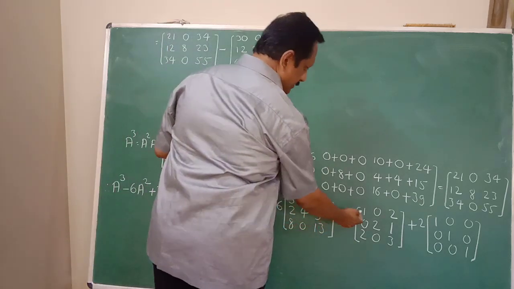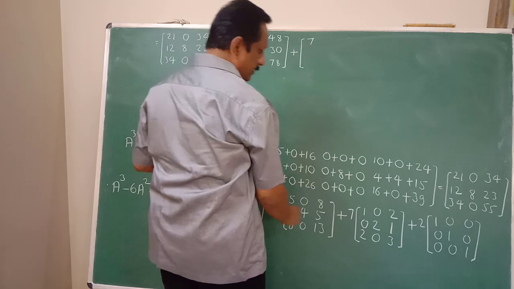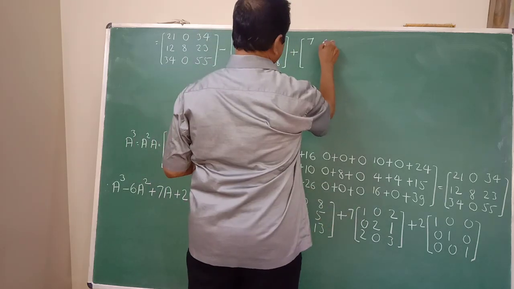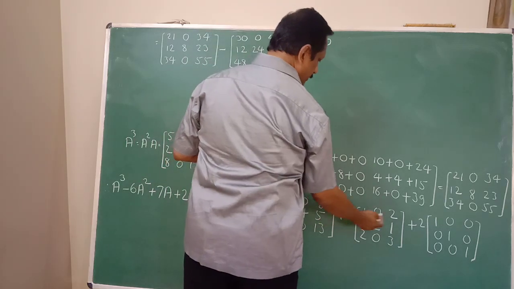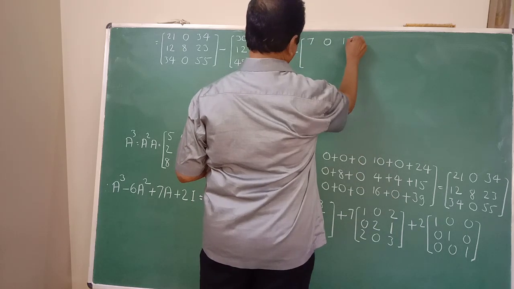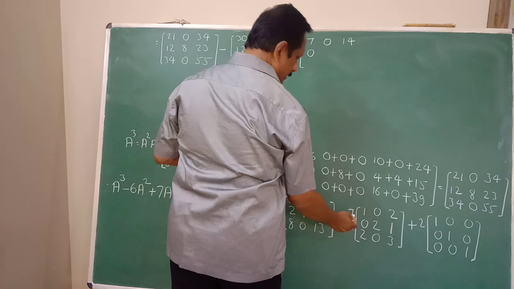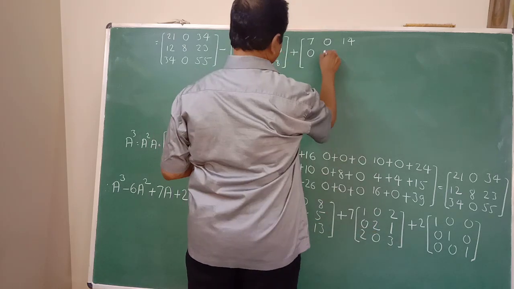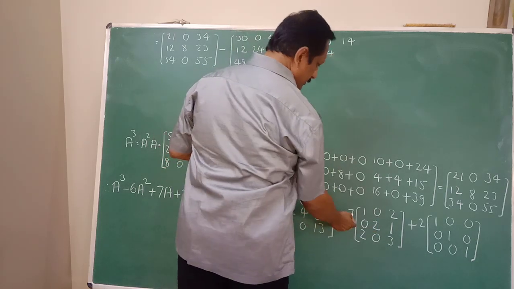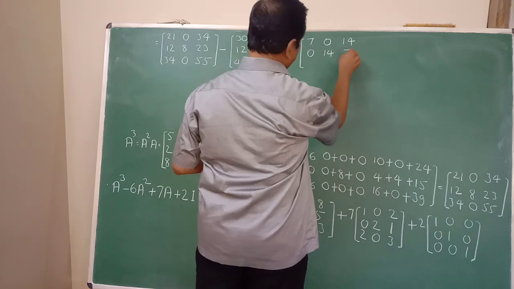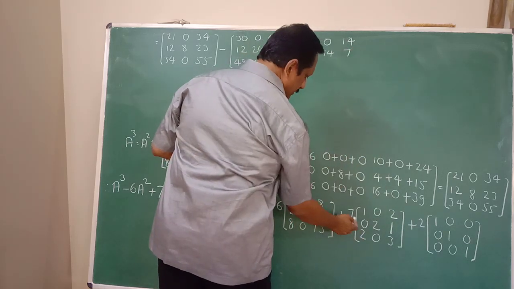Take a 7 inside here. 7 into 1 becomes 7. 7 into 0 is 0. 7 2s are 14. So right here 14. 7 into 0 becomes 0. 7 2s are 14. So right here 14. 7 into 1 becomes 7 here. 2 7s are 14.